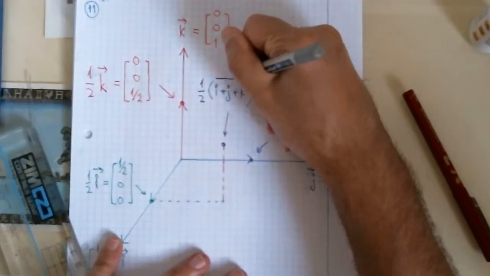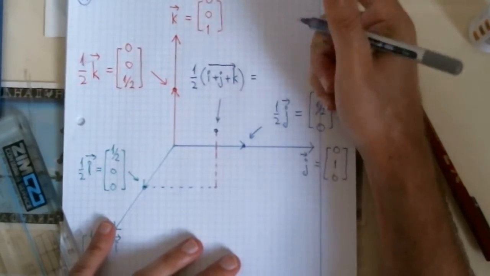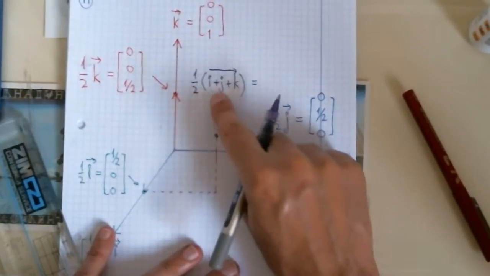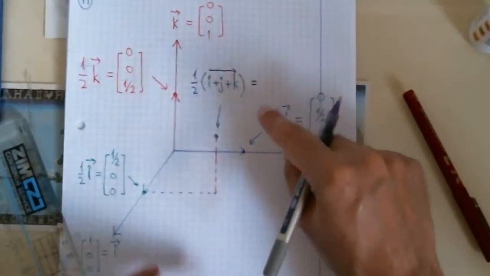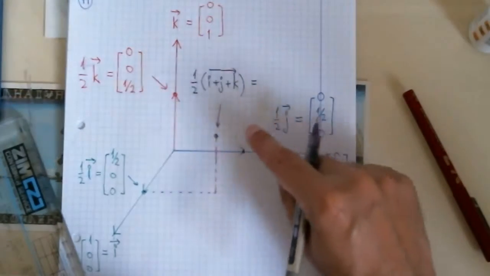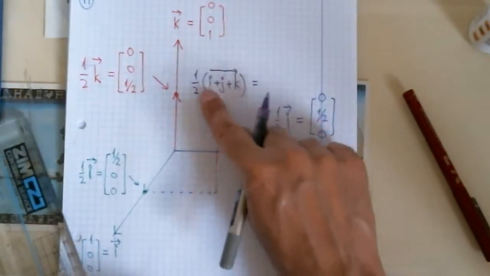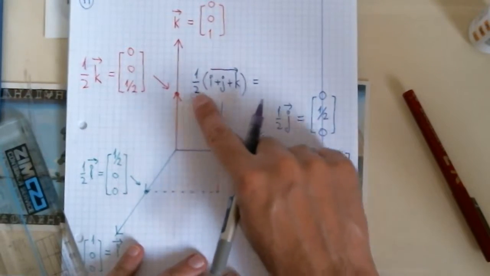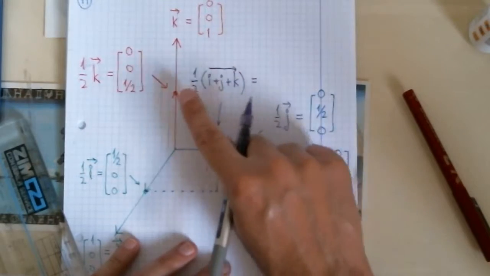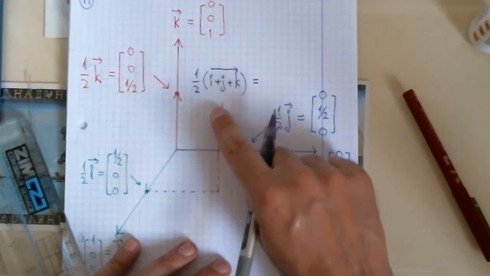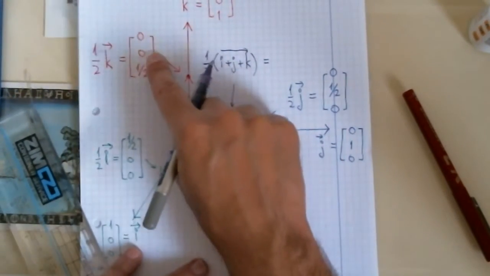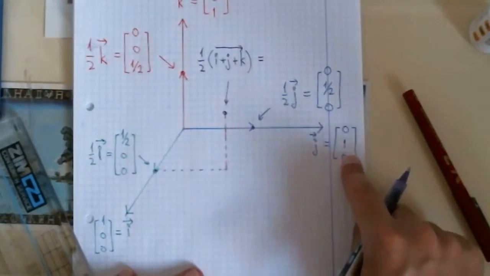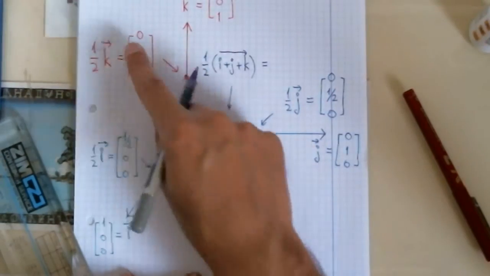okay, which is, because it's half I plus half j plus half k. Okay, so if we get that corner, which was the sum of them all, it's half of that. It's like half I plus half j plus half k, like this one plus this one plus this one.